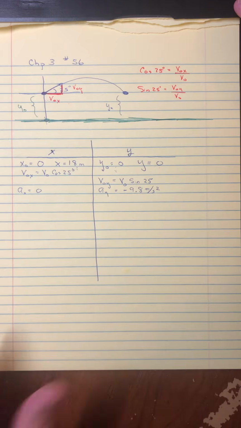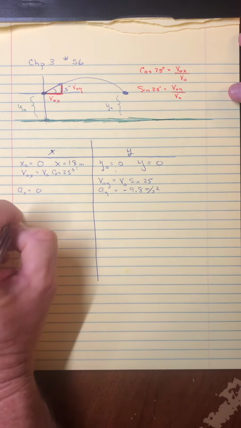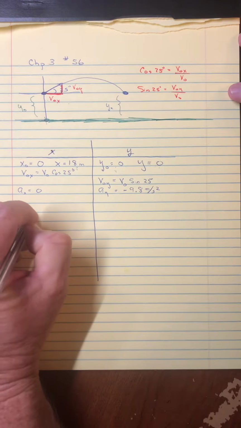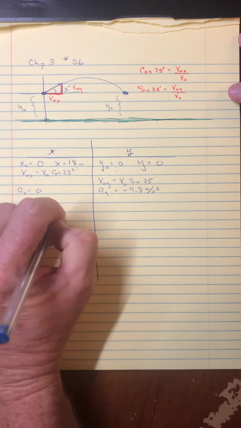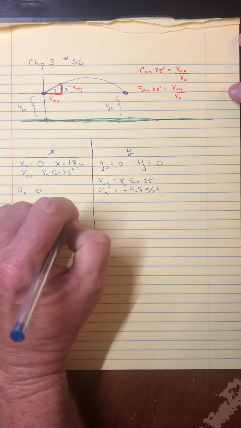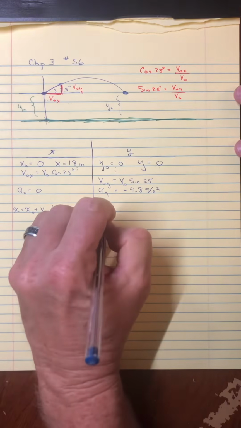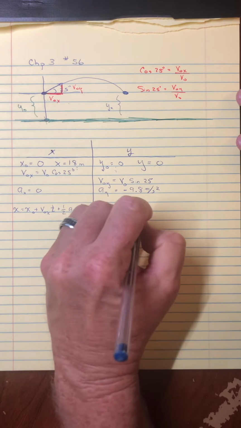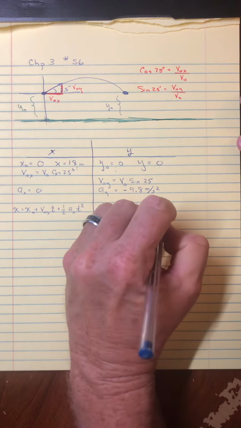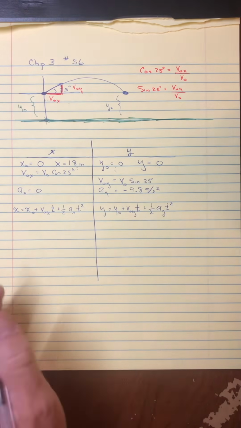And, of course, we're trying to find this. So, writing down the equation that has to do with position and has nothing to do with final velocity, which is kinematics equation number 2. Let me write that down for both x and y.